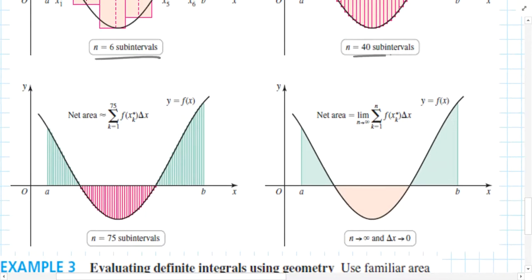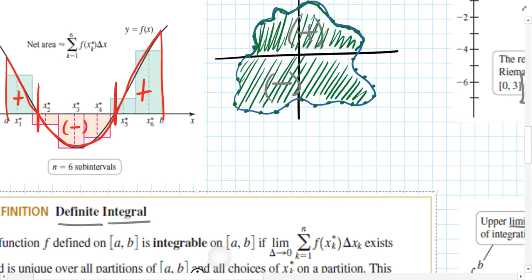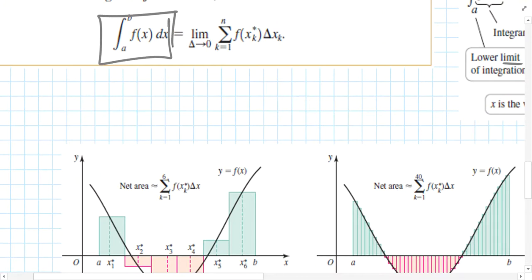Obviously 6 intervals is not nearly as accurate as 40 or 75 or an infinite number of intervals with infinitely narrow width. But ultimately, as we evaluate these sums of areas using limits, we do obtain the specific definite integral.